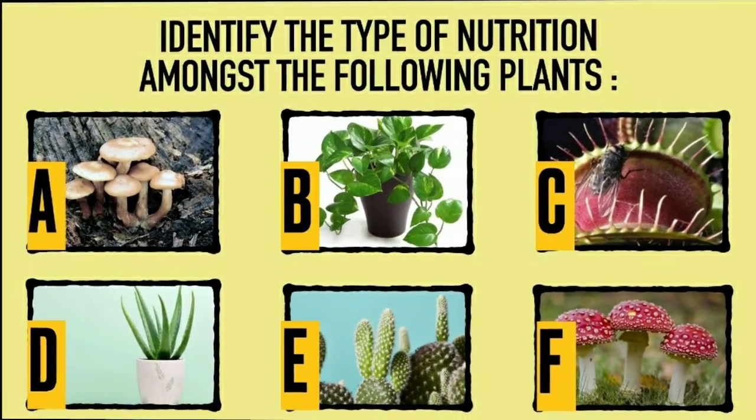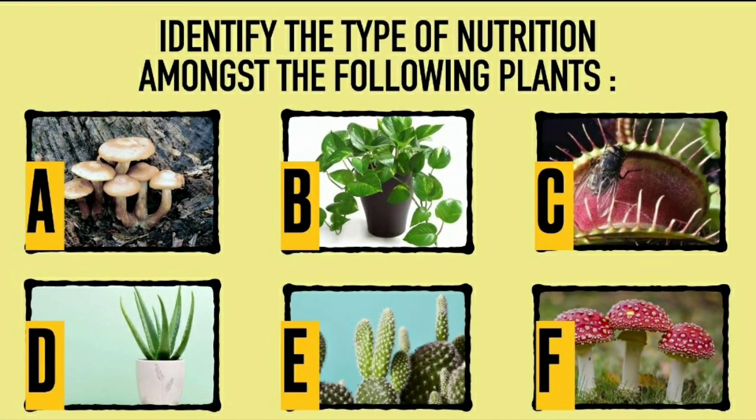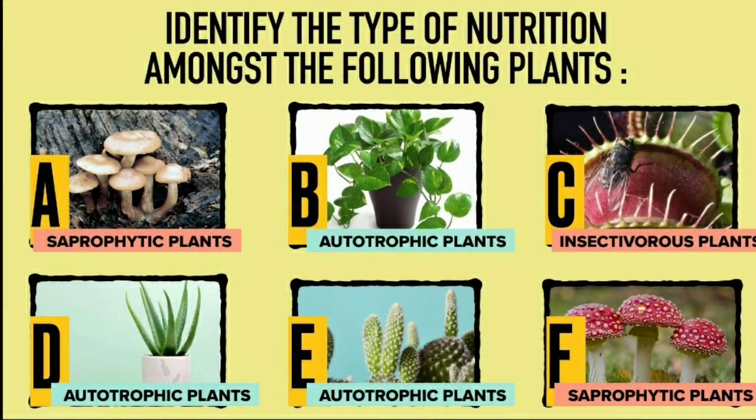Children, let me ask you some questions. Okay? Identify the type of nutrition amongst the following plants. Now observe these pictures carefully and identify the type of nutrition amongst them. Correct. Let's see.